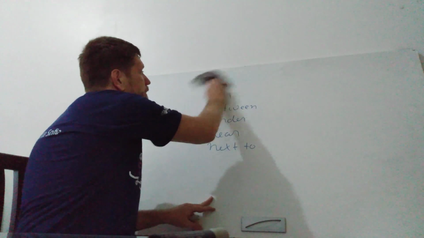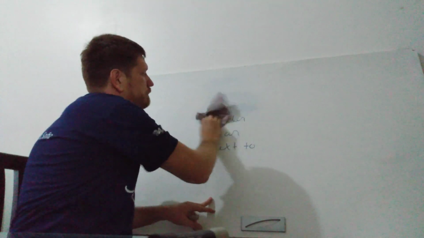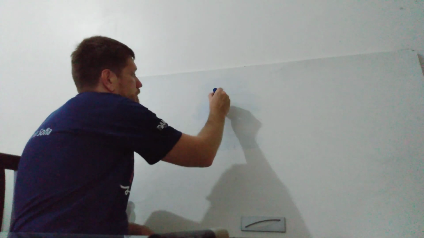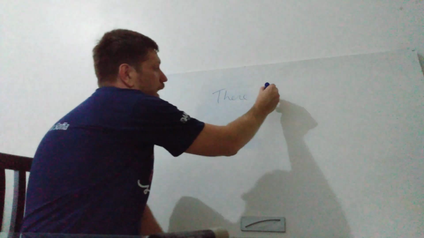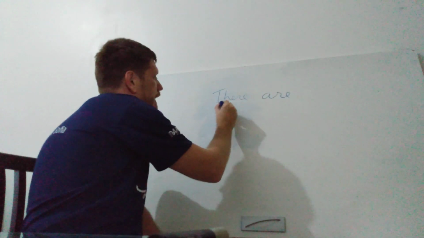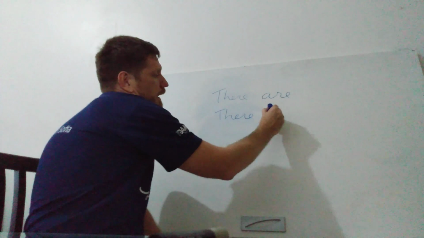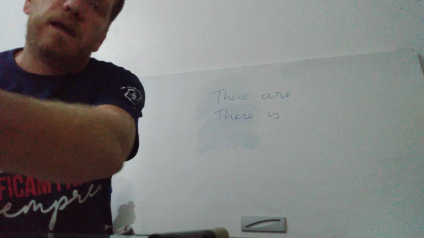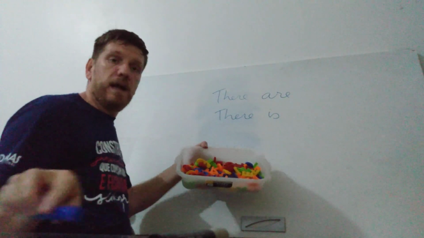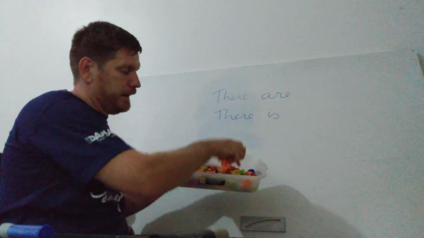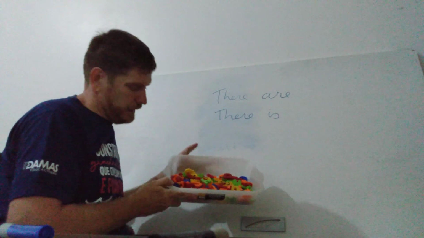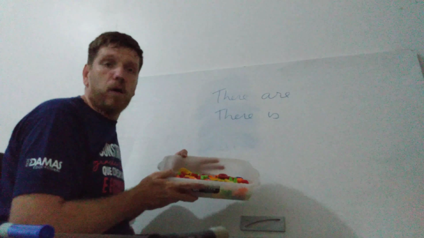Now, with all this, we also saw the phrase which we need to pay more attention to: there is and there are. Here we have there are letters. There are letters in the box.